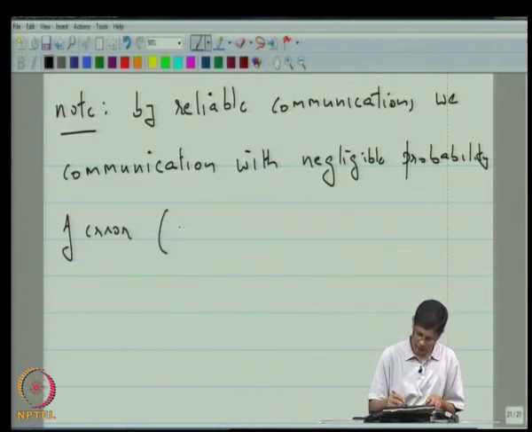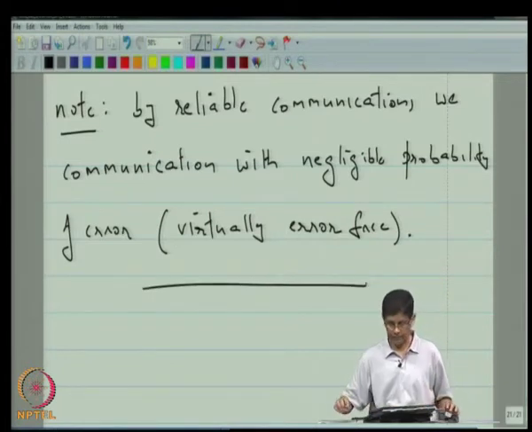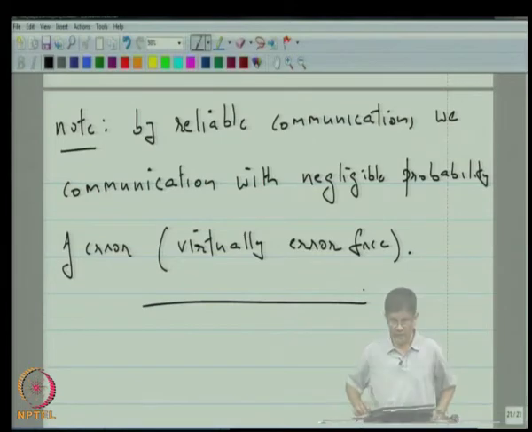You can also think of this as virtually being error free. So that's important. Okay. We are not satisfied with making the probability of error small, we actually want to make it negligible. It is not easy to do that, and the reason why this is of interest is because Shannon tells us that it is possible.